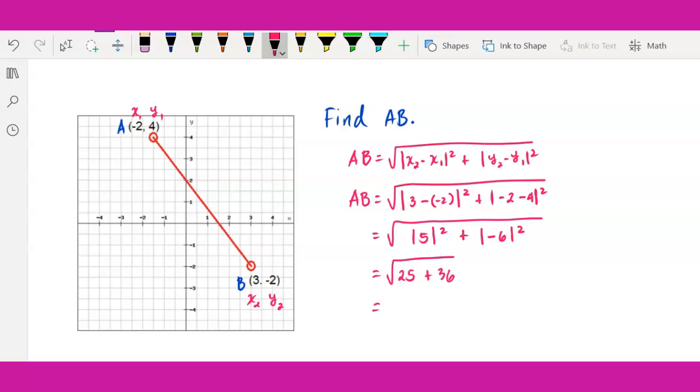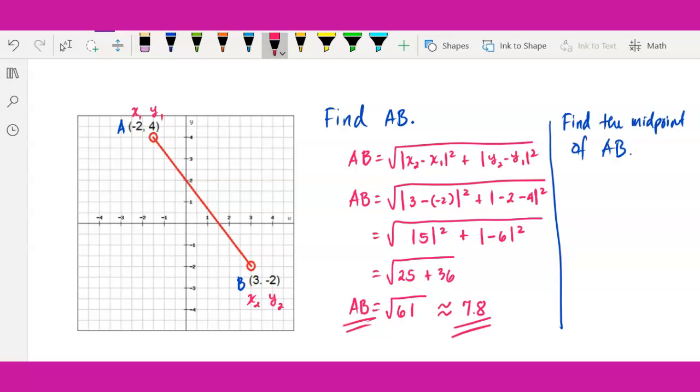So you'll have the square root of 61, which is approximately 7.8. So AB is equal to 7.8.